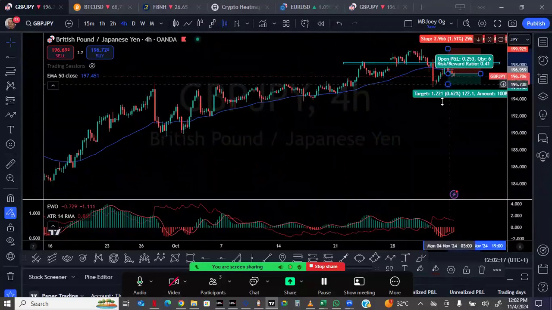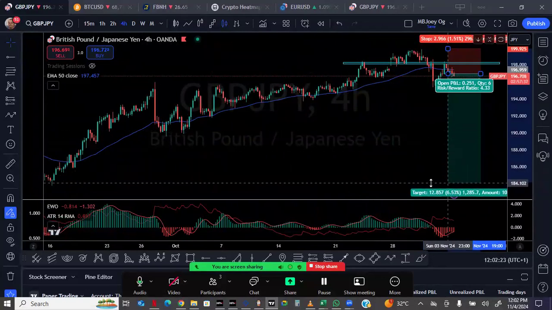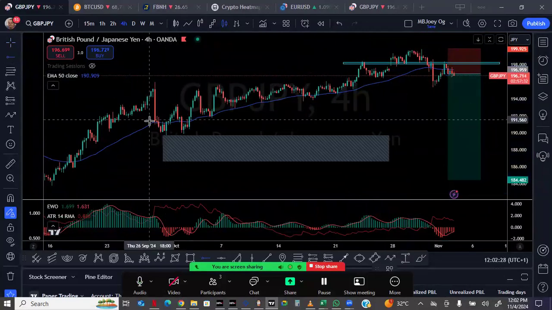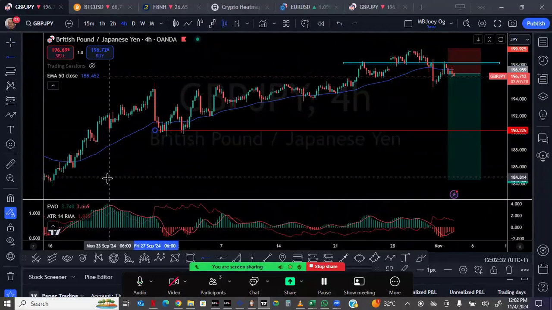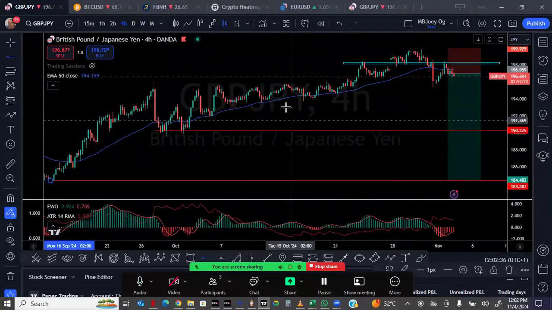But if I'm going to target, I would target maybe this area as one or go as far as this area. So I have two areas as my targets. This is one, and this is the second.